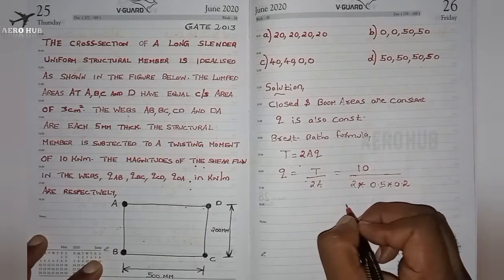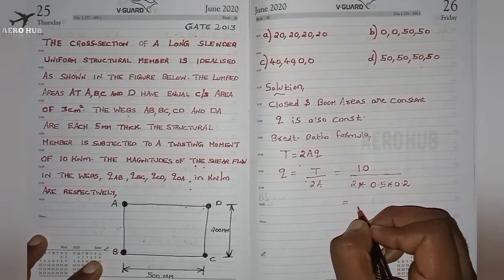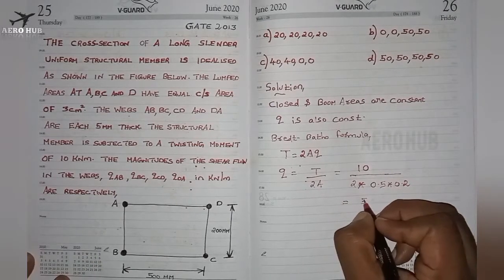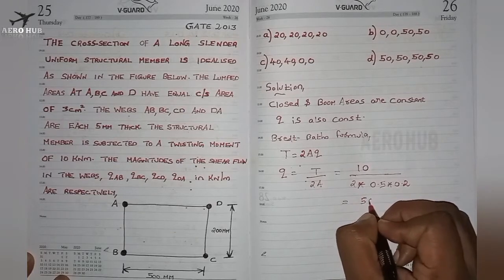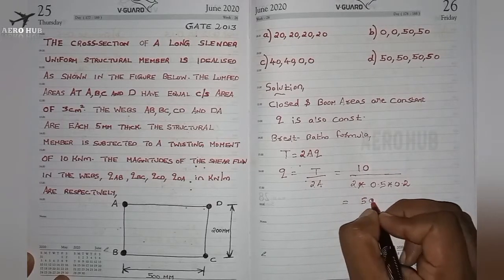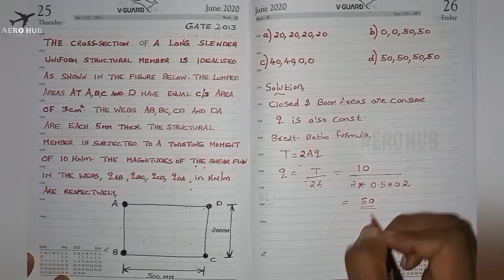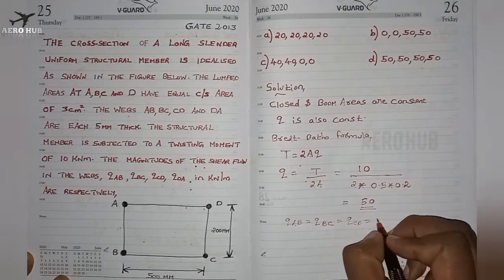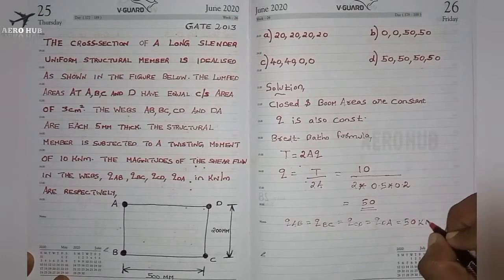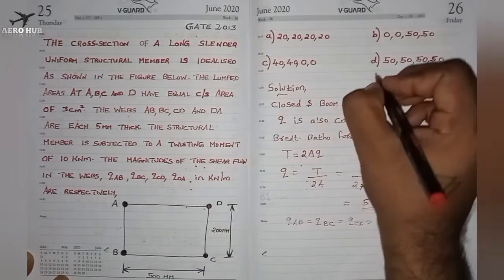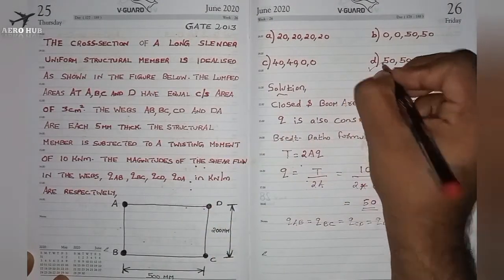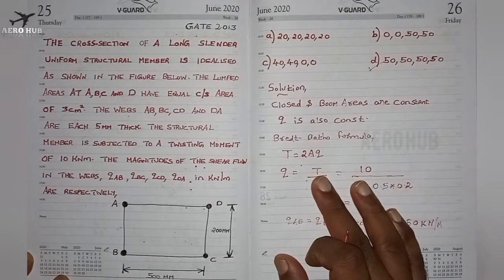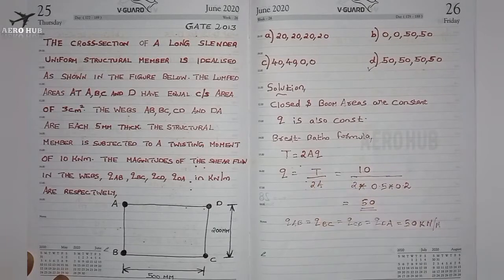If I solve, I will get an answer of 50. You can try this out. This is the answer, and the option is option D. I hope you understand this problem. We will go for the next problem.